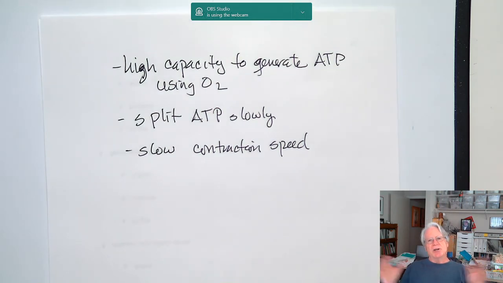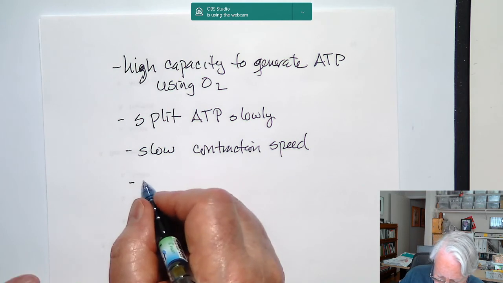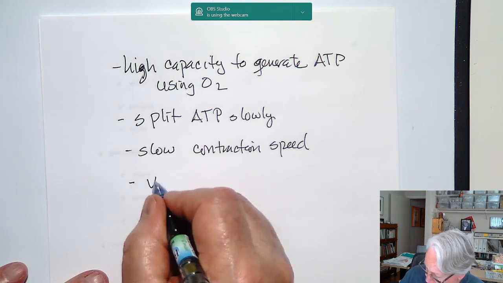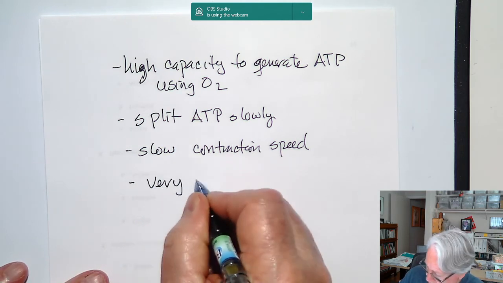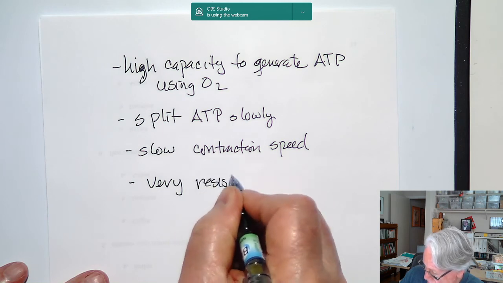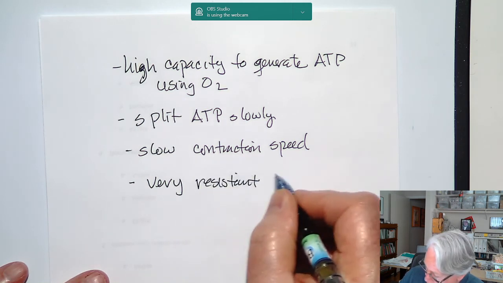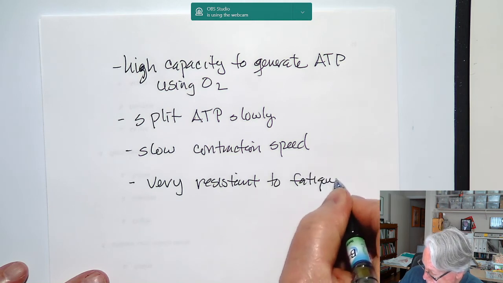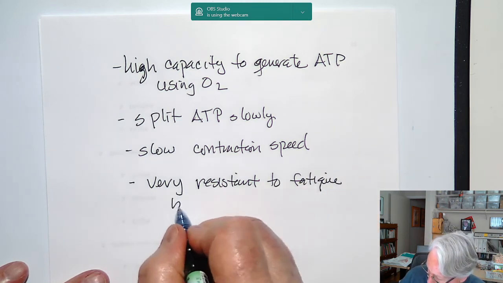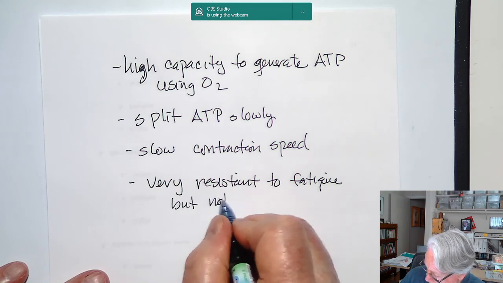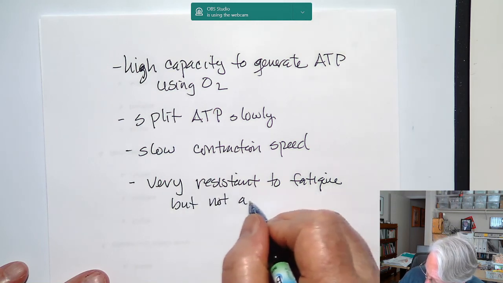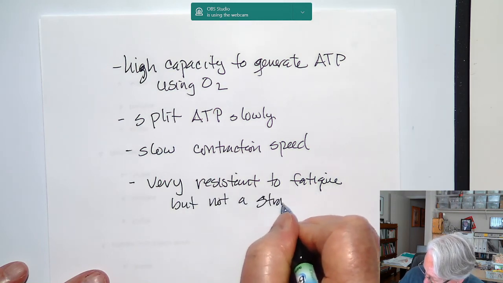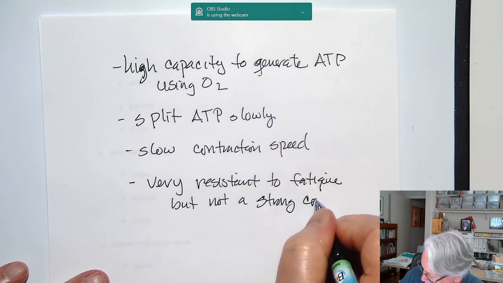When you add up all of this together, what you get is a fatigue-resistant fiber. So very resistant to fatigue, but not a strong contraction.